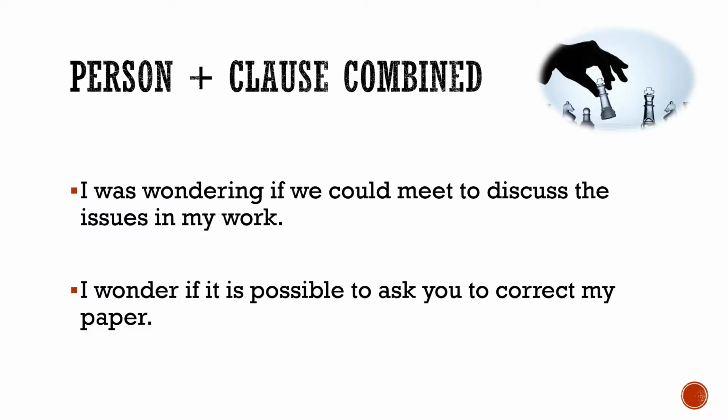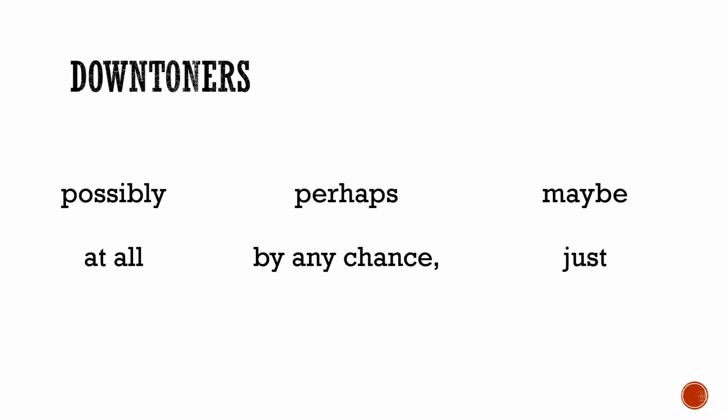These are called downtoners, and they make the request seem smaller. They soften the request. They're largely adverbs, and by adding one of these, usually after the subject of the sentence, we can make the request seem smaller than it is.